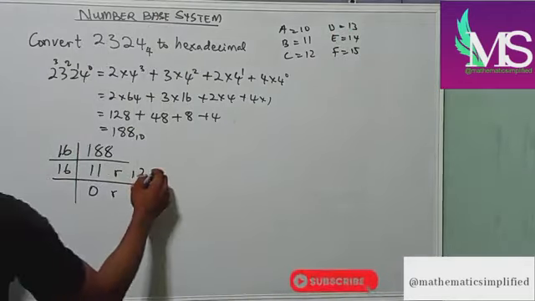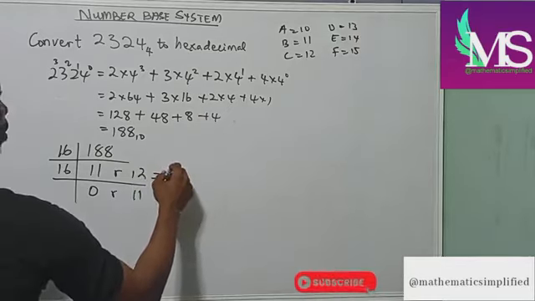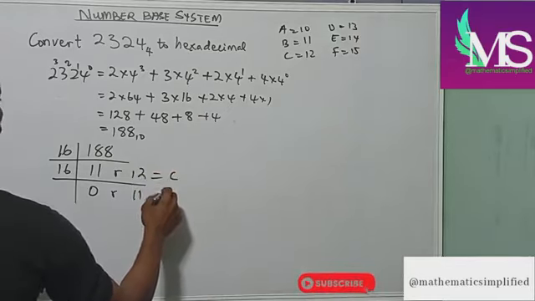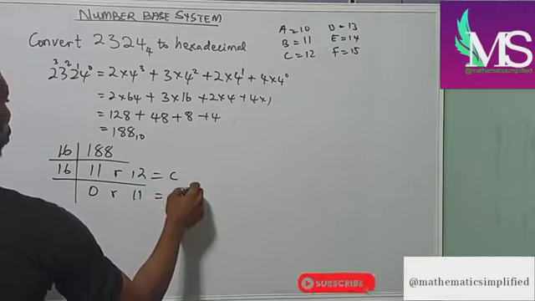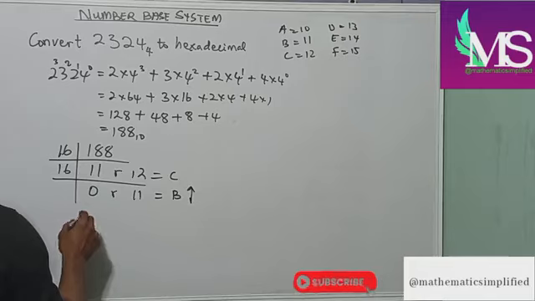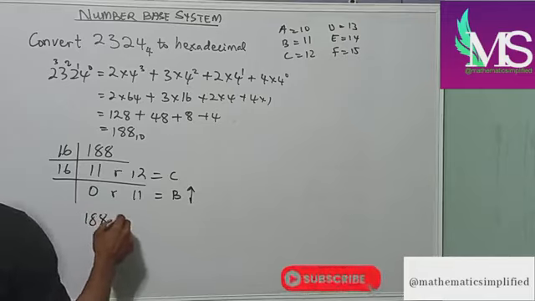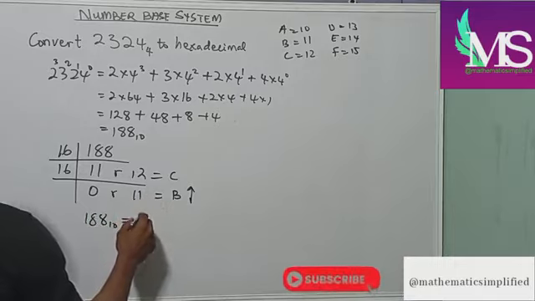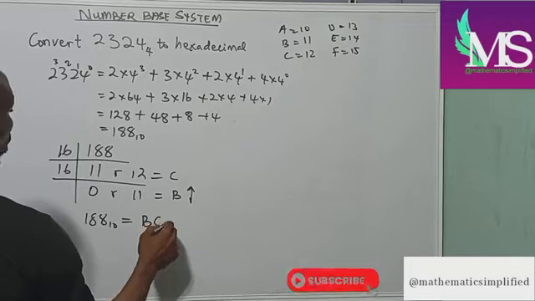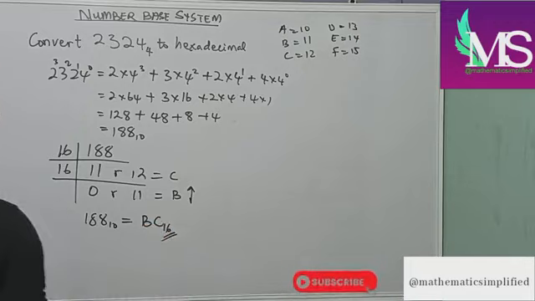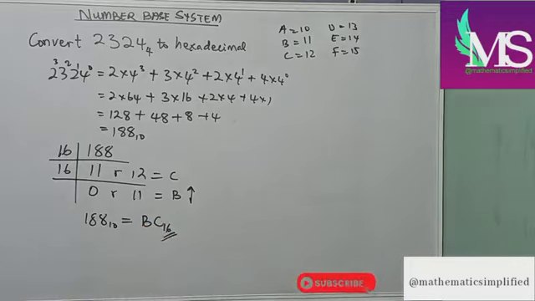So 12 will be C and 11 will be B. Reading upwards, 188 base 10 in hexadecimal will become BC base 16, which is our answer.